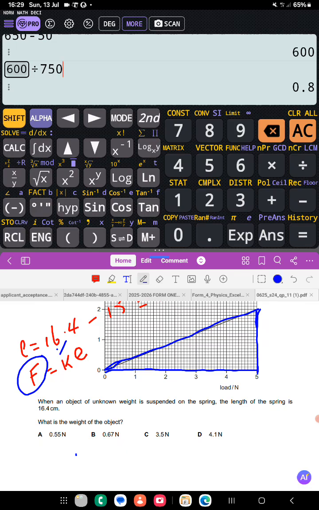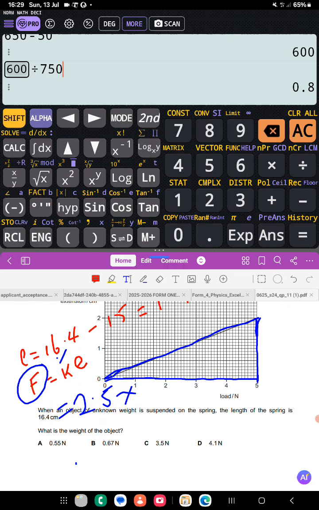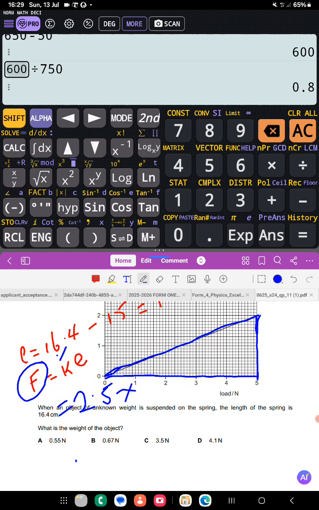So 2.5 for K multiplied by the extension that we found earlier on. Remember that the extension was 1.4. So 2.5 multiplied by 1.4 gives us 3.5. So the answer to the question is C.